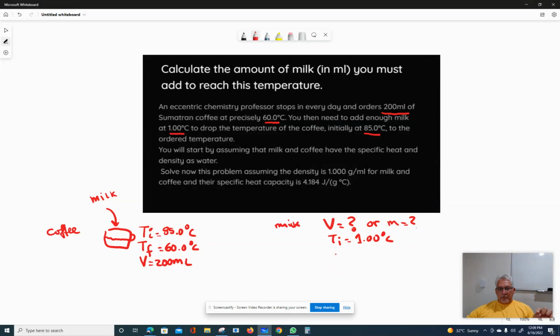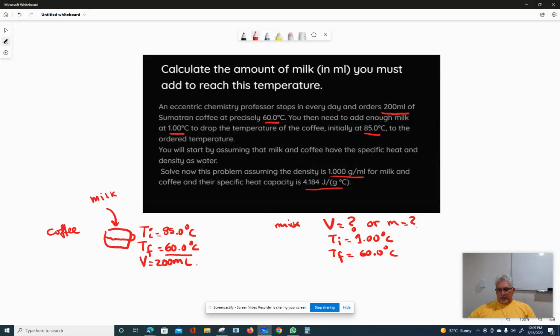The final temperature of the milk has to be the same as the coffee, because when you mix both together, they have to have 60 Celsius degrees. When you mix both, that will be the temperature for coffee and milk. And then they say at the very end, assuming the density of the milk is the same as the density of water, and also the heat capacity of the milk will be the same.